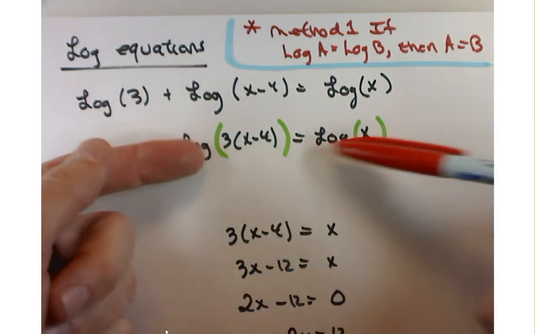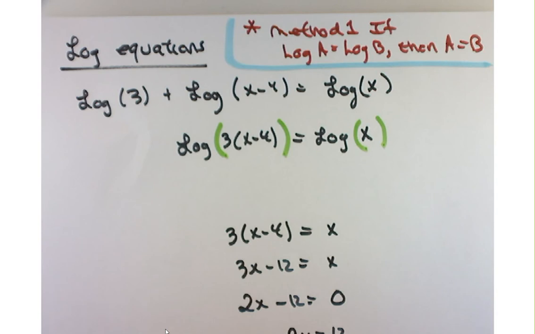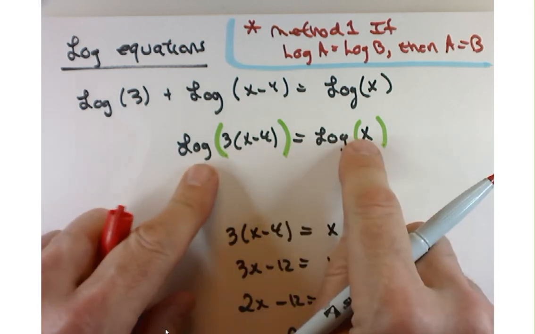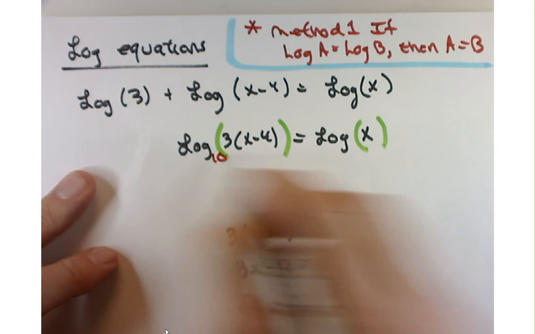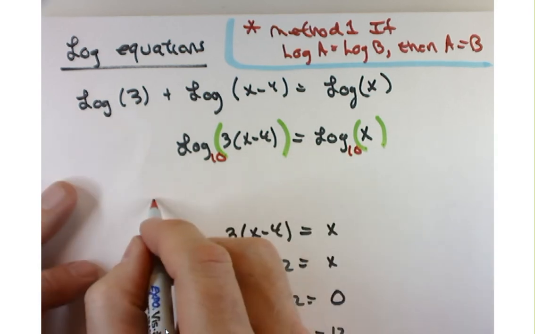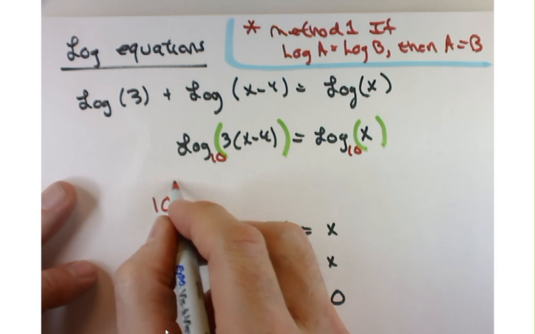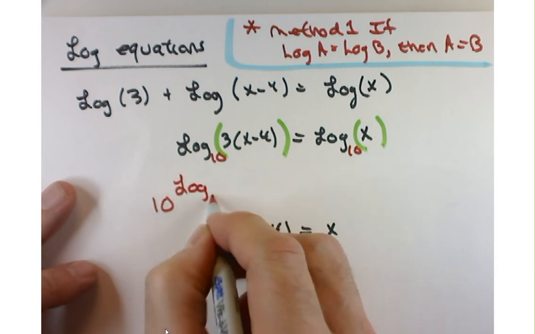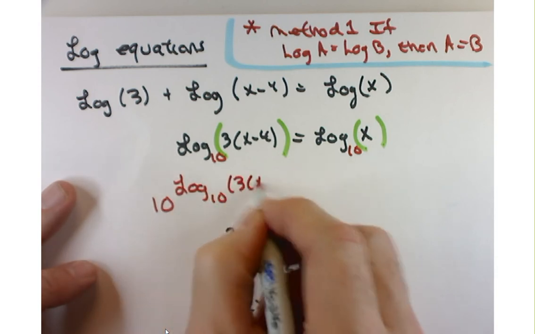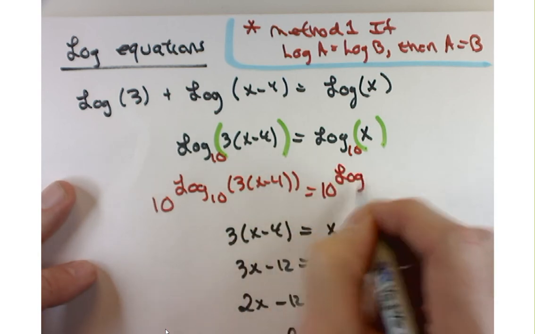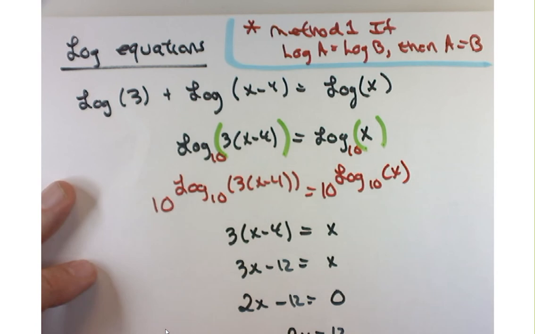Now, I'm fine with you jumping down to this next step. Basically, you get rid of the logs. If you want to earn an extra credit point, you can show the step that actually gets rid of those things. What base is understood to be here with the logs? 10. If you exponentiate each side with a base of 10, that's 10 to the log base 10 of 3 times x minus 4 equals 10 to the log base 10 of x.